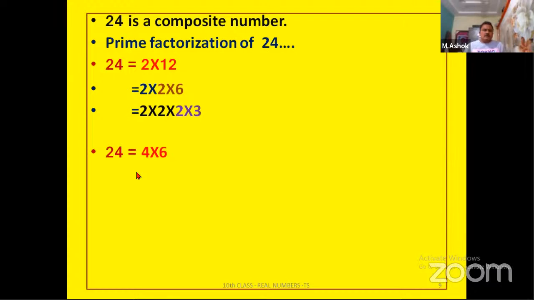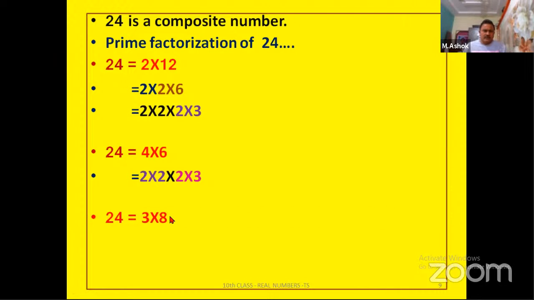I am writing 24 as 4 into 6, it is also one more pair of factors of 24. Now, 4 and 6 are not prime, so write 4 as 2 into 2 and 6 as 2 into 3. Again 2 into 2 into 2 into 3, same as this one.